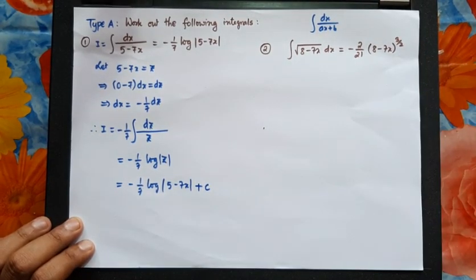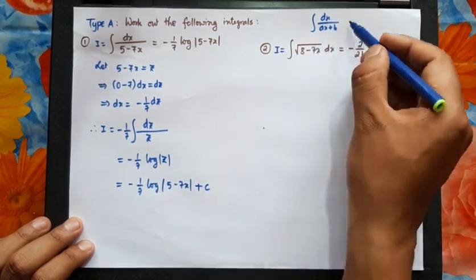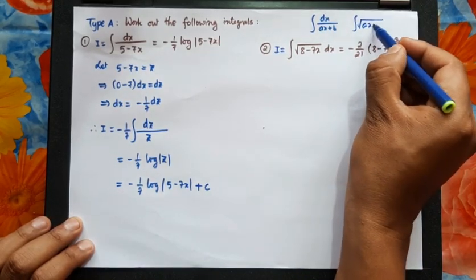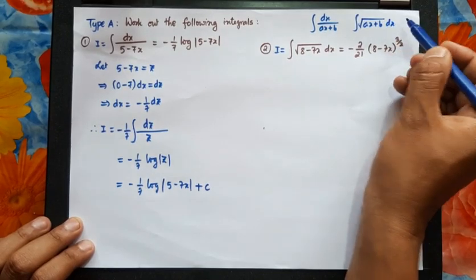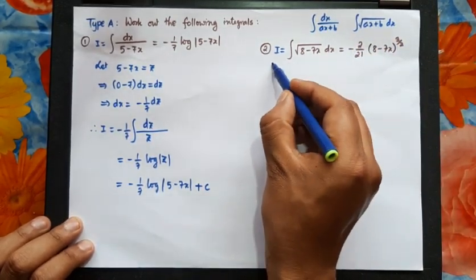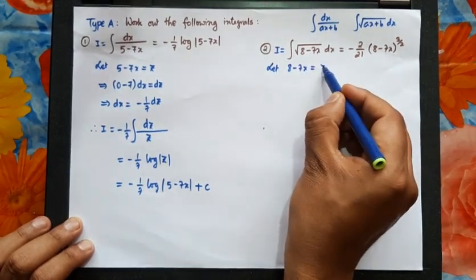So let's verify this integral. As usual, let me take this to be I, and since this also falls under this category, square root of ax plus b dx, again the rule says take ax plus b equals z. So let 8 minus 7x equals z.